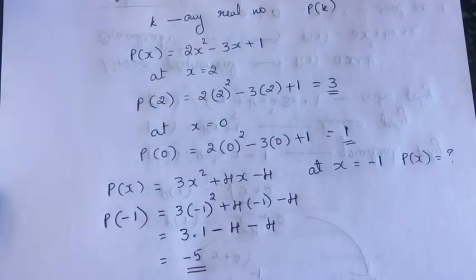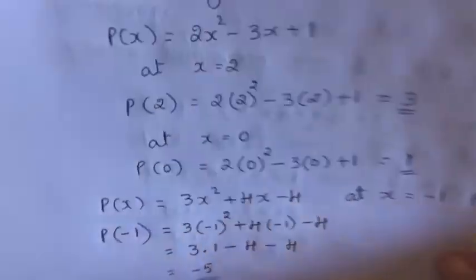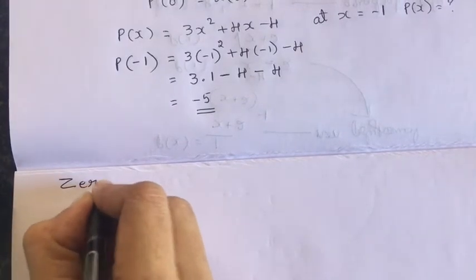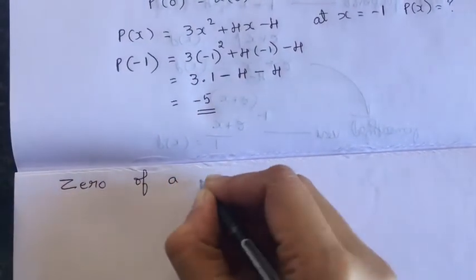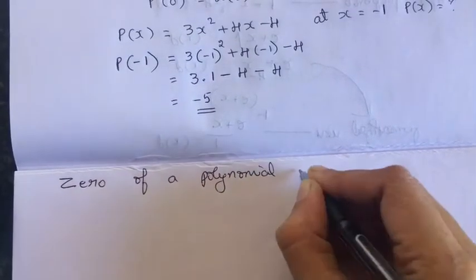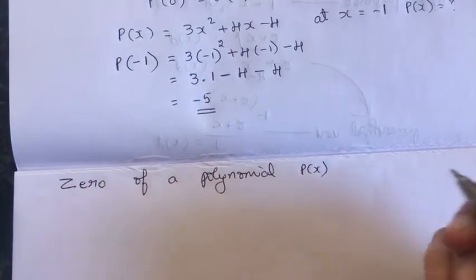Next is the zero of a polynomial P of x.